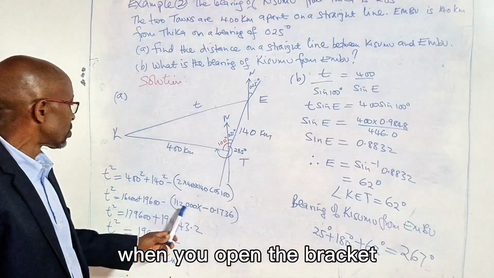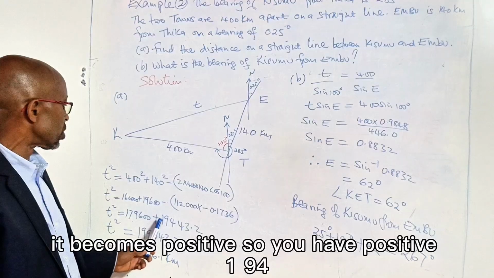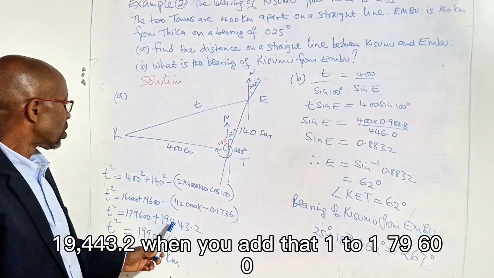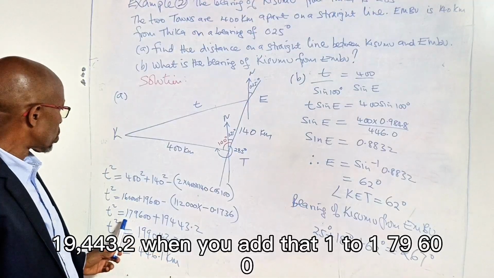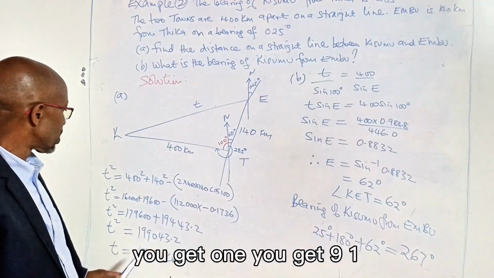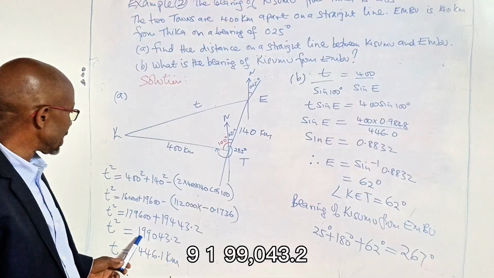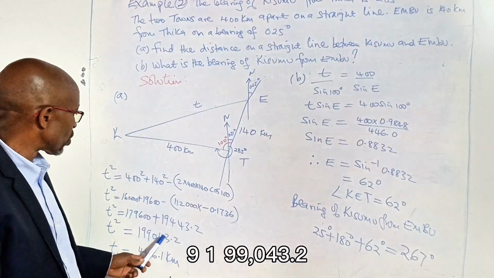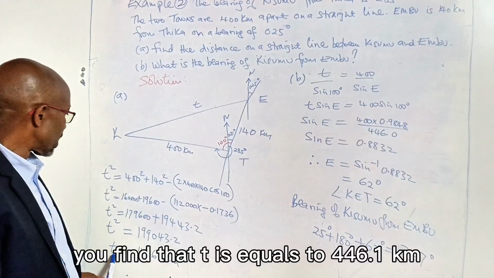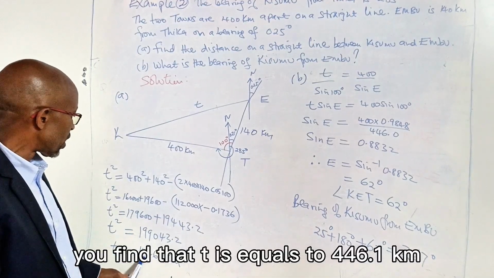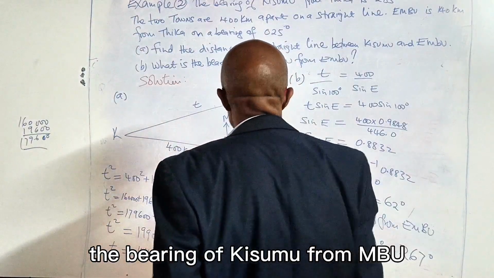So that negative, when you open the bracket, because there is another negative, it becomes positive. So you have positive 19,443.2. When you add that to 179,600, you get 199,043.2. When you get the square root, you find that t is equal to 446.1 kilometers.